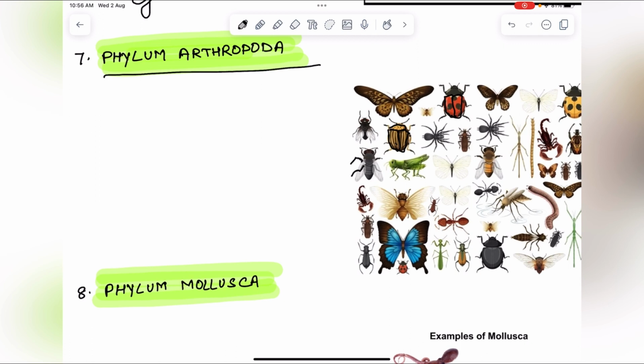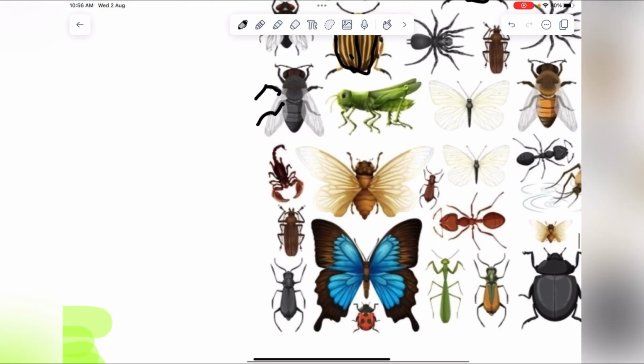They are found everywhere on earth, on land, soil, water. Their body is triploblastic. Their body is divided into three parts, that is head, thorax and abdomen.